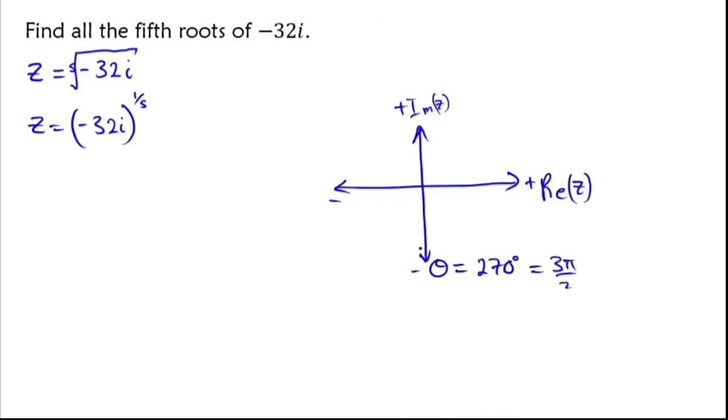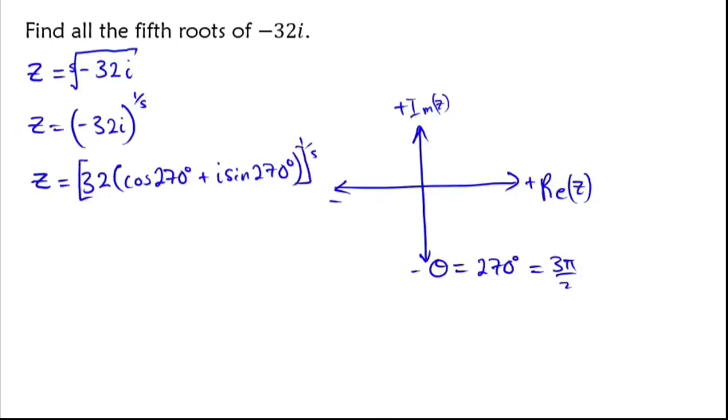So for this one, allow me to use degrees and not radians so that you know how to do both of them. So writing this in polar form, z is equal to 32, open bracket, cos 270 degrees plus i sine 270 degrees, raised to the power 1 over 5. Now this 1 over 5 is for everything.